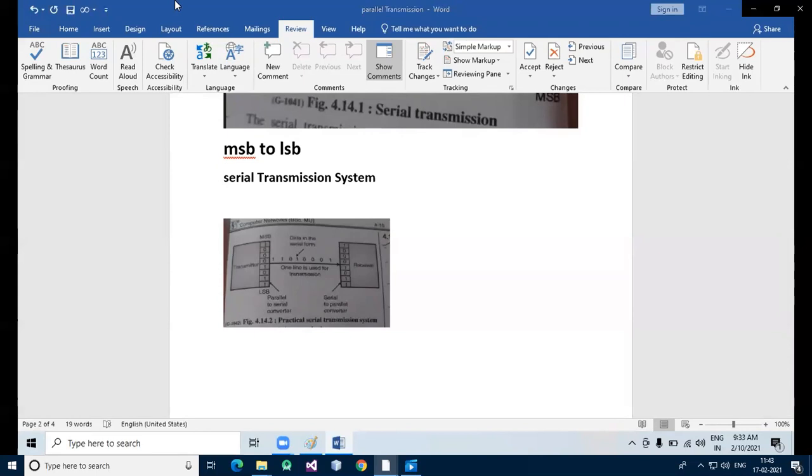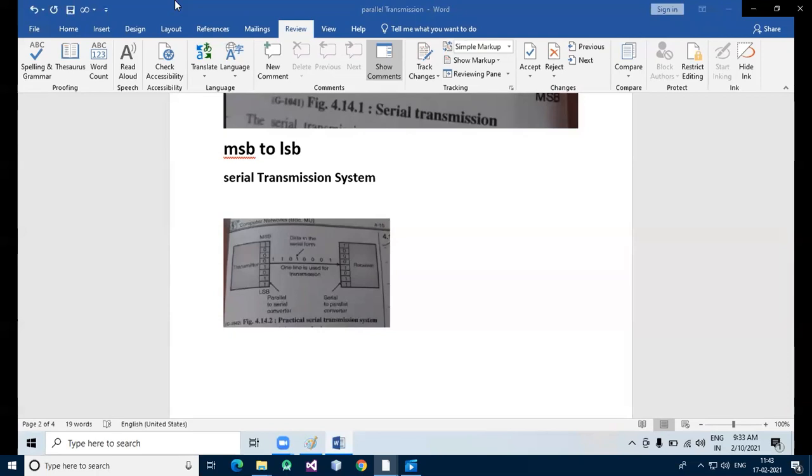There is also a reduction in cost due to fewer conductors. The disadvantage is that the speed of data transfer is low, as only one bit is sent at a time. Because of one wire, the speed will of course be low.